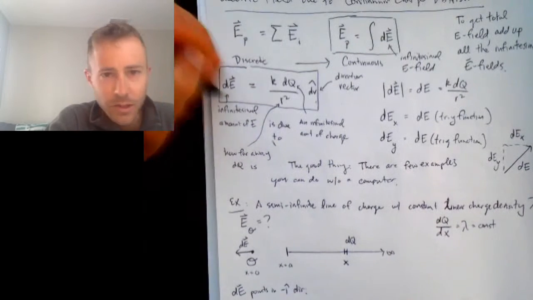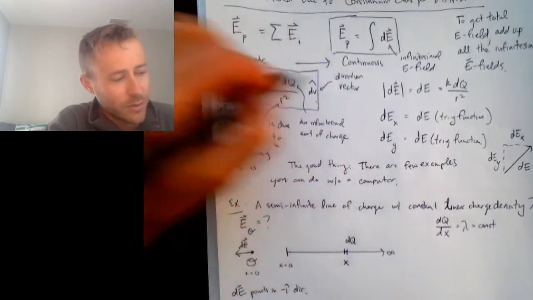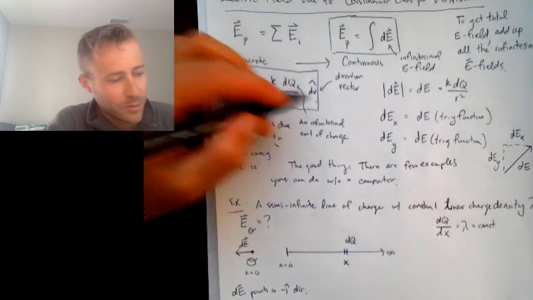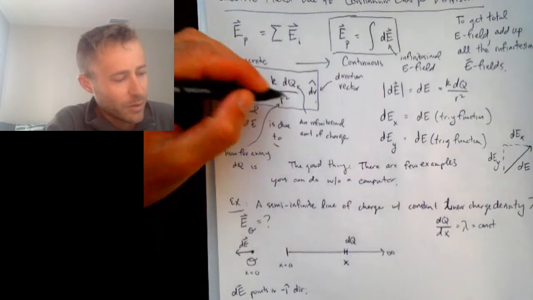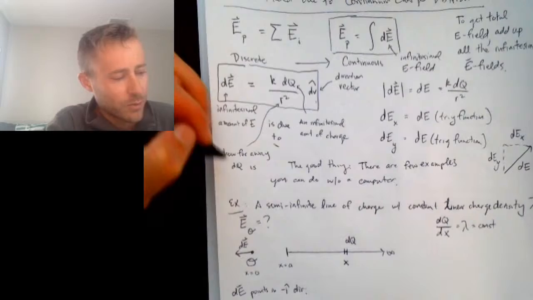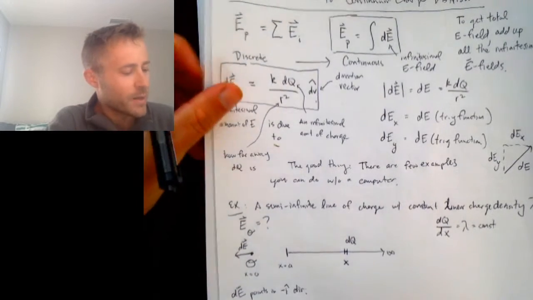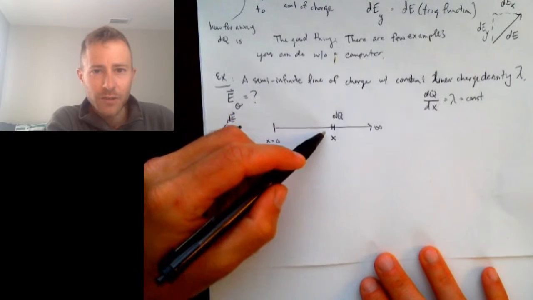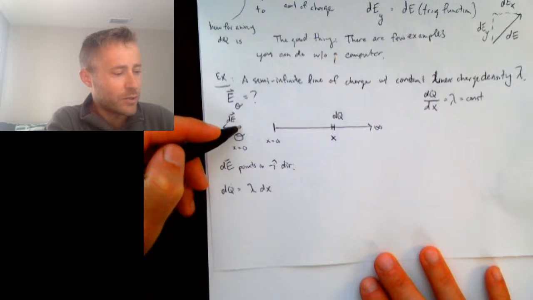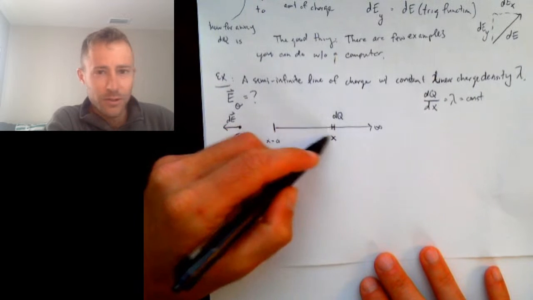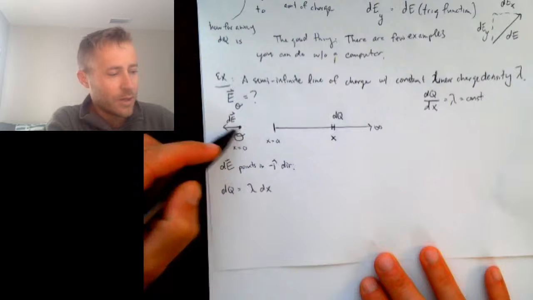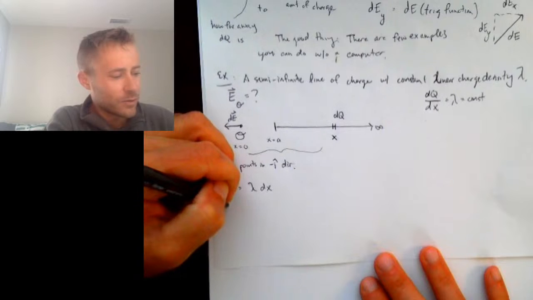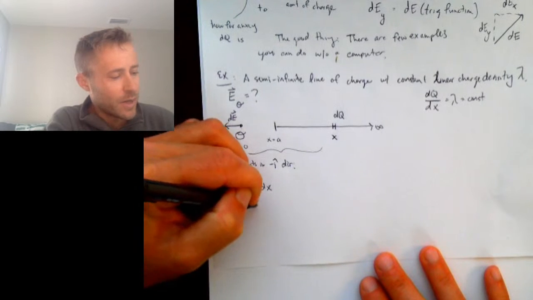We're looking at dE and trying to fill in each of these components. k is a constant, we wrote out what dq is, and we figured out the direction vector. Now we have to figure out how far away dq is from the origin. dq is at location x, and the origin is at location 0, so the distance between them is x. So little r is equal to x.